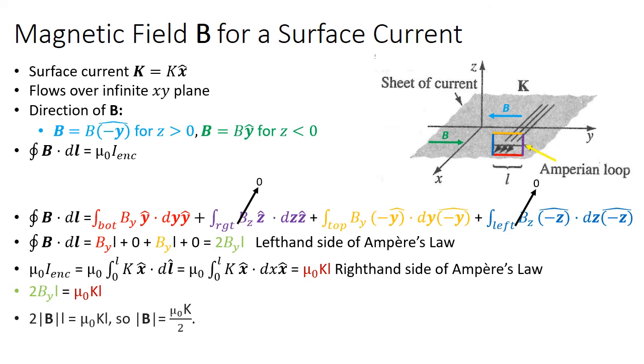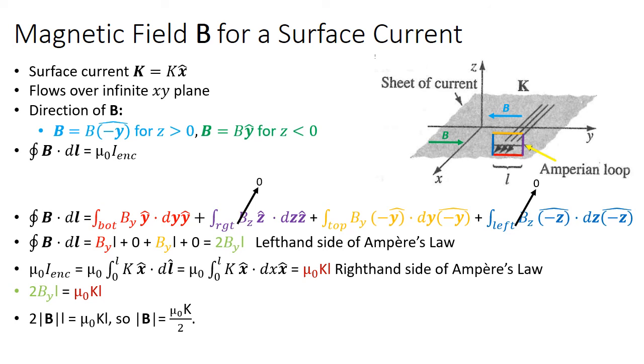And when we do that, we find that B_y actually is just the magnitude of B, because above the sheet of current, the magnetic field only has a y component, but it's in the negative y direction. And below, it only has a y component as well. It's in the positive direction.